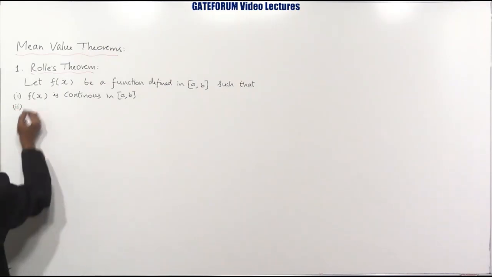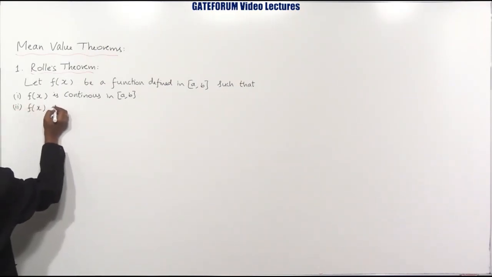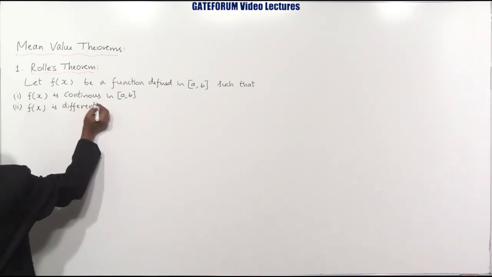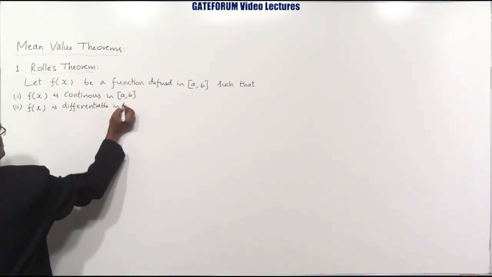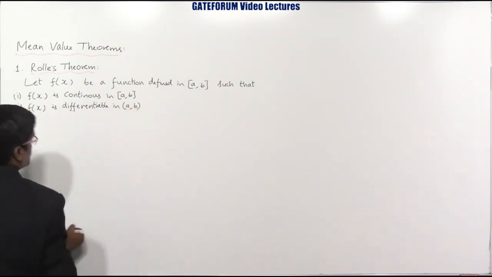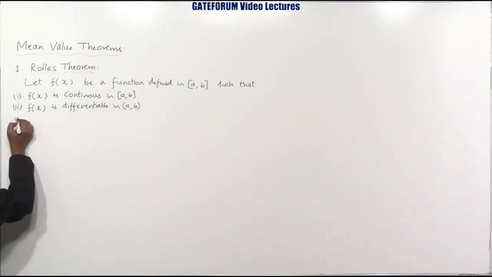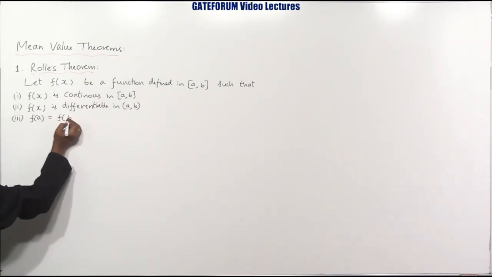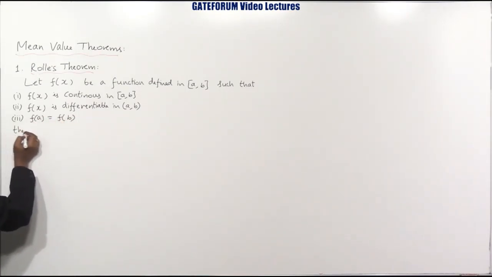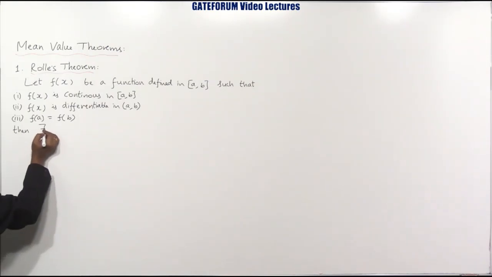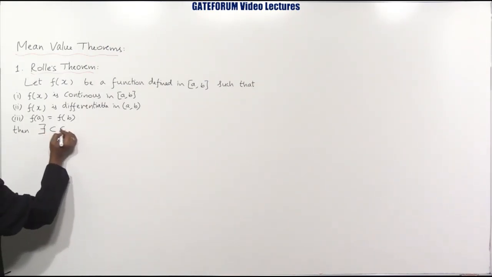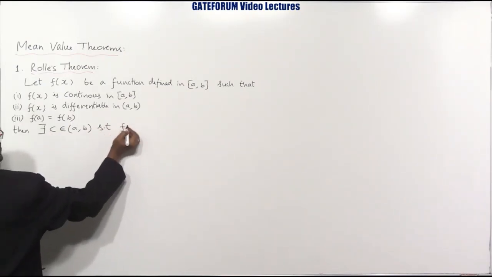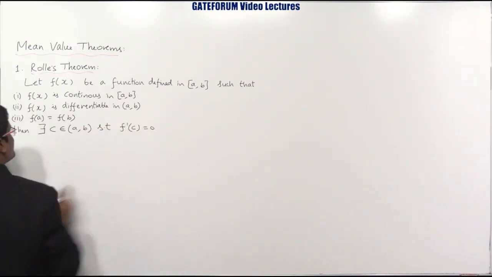Two, f of x is differentiable in the open interval a comma b. Three, f of a is equal to f of b. Then there exists c belonging to the open interval a comma b such that f dash c is equal to 0.